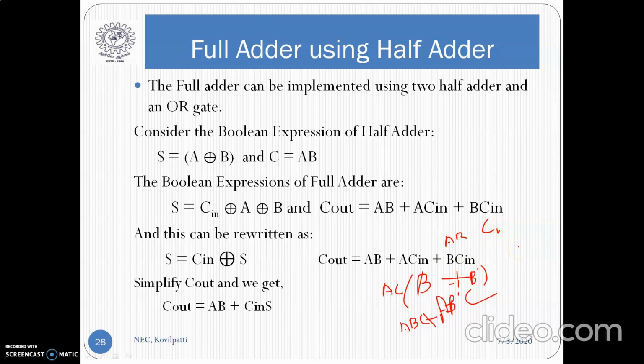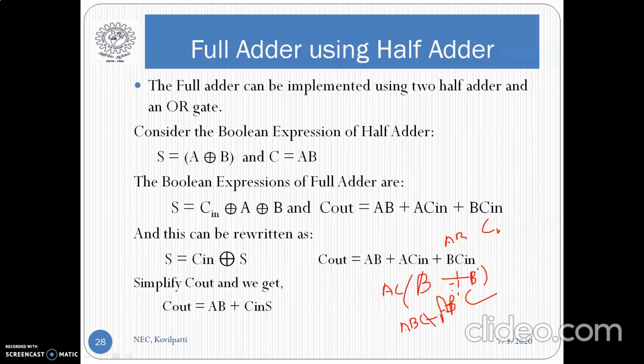So that ABC we will get cancelled out. So we have to consider only AB dash C plus A dash BC. If we take C as common, we get C times A dash B plus AB dash, right? That is what we again consider as A exclusive or B.